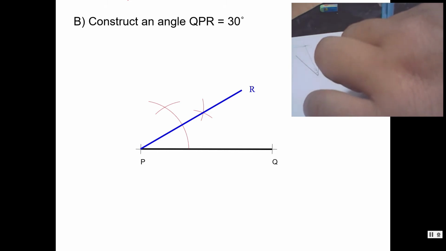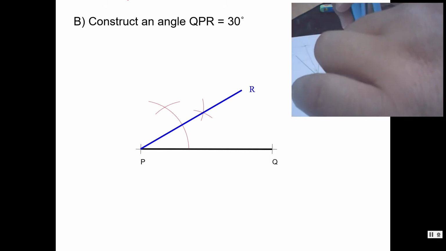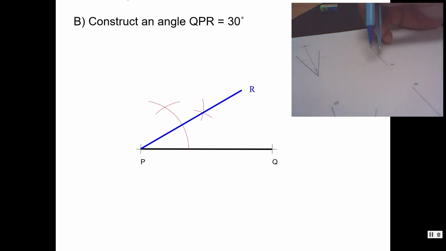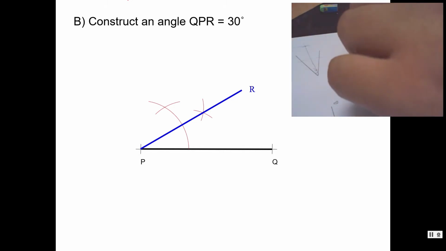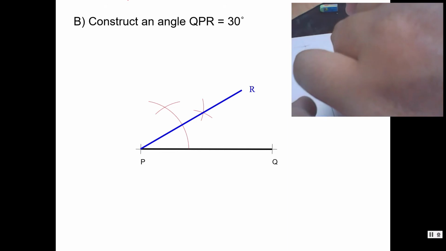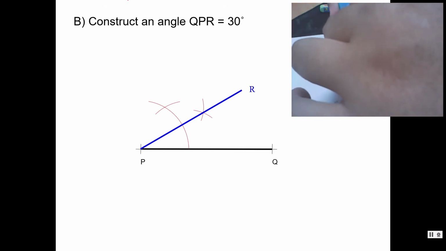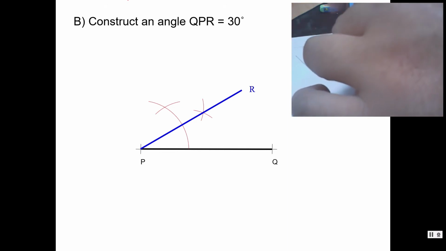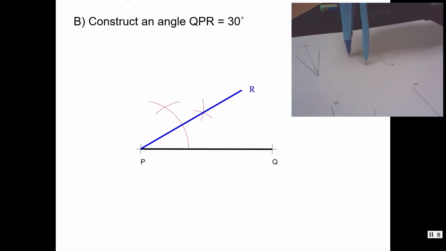For the 60-degree angle, you draw one circle, and from here you draw another circle, and then from this point you draw one circle, and from this point you draw one circle.